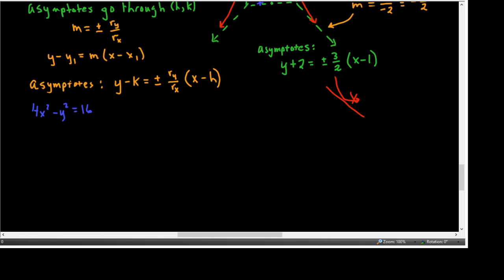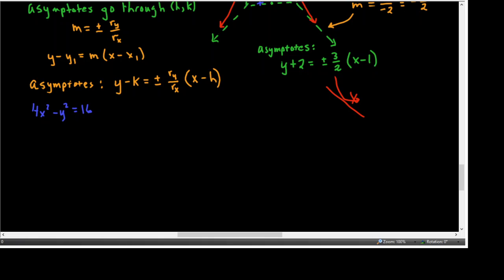Oh, and by the way, in this ax squared plus bxy plus cy squared, etc. form equals 0, the way you can tell that it's a hyperbola when b is 0 is if the coefficients of x and y have opposite signs. So the coefficient of x squared is positive 4, the coefficient of y squared is negative 1, because they're opposite signs. That means this is a hyperbola.